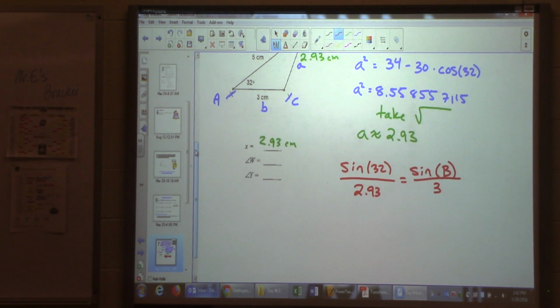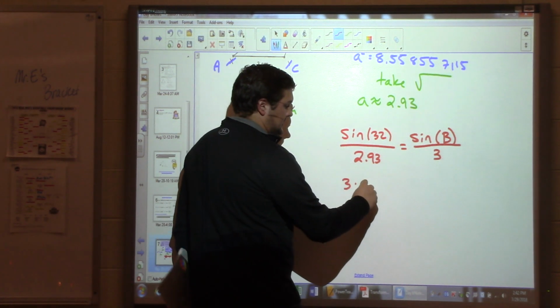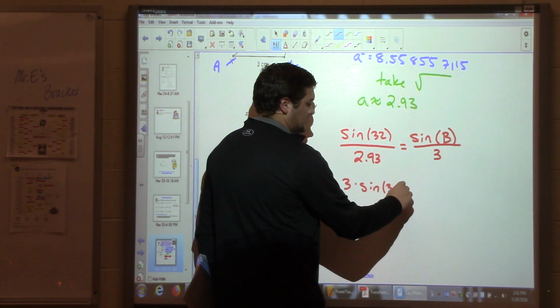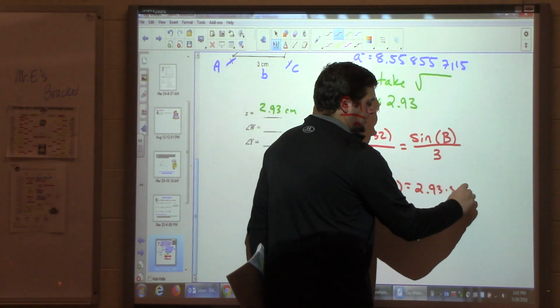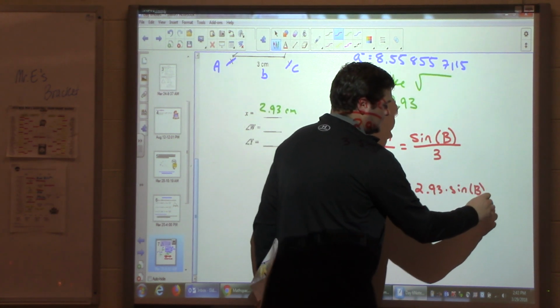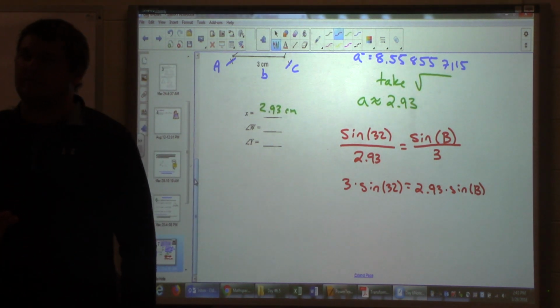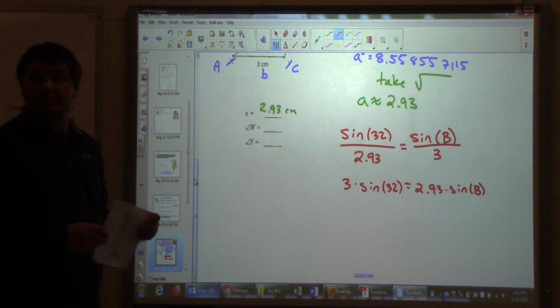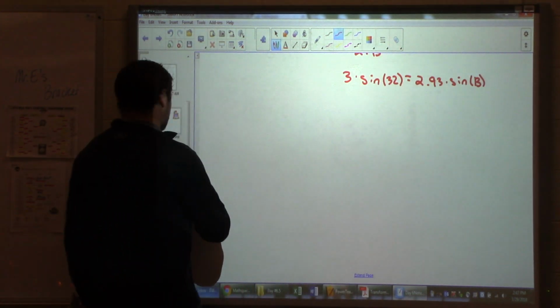Alright? So, cross multiply and solve it. 3 times sine of 32 equals 2.93 times sine of B. How am I going to solve this? I want to solve for B. You have to divide by 2.93. Let's start there.